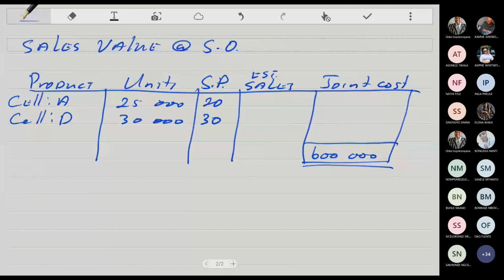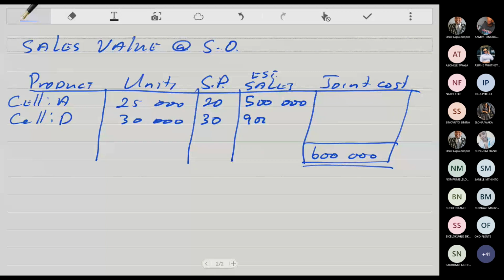So you say 25,000 multiplied by 20 Rand gives you how much? To work out our estimated sales value, 25,000 for cell A times 20 Rand gives us 500,000. Then cell D, 30,000 units multiplied by 30 Rand gives 900,000.